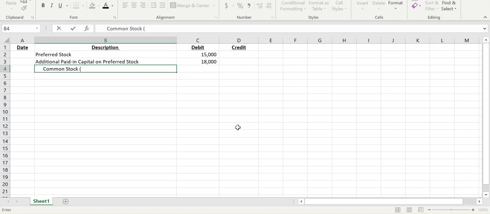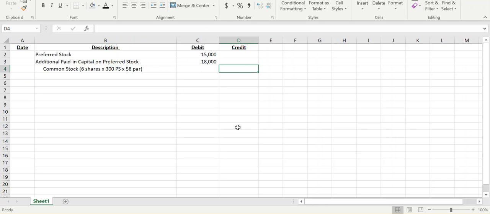Each one of those preferred shares can be converted into 6 shares of common stock. So 6 shares of common stock, all 300 shares of preferred stock is being traded in, and the par value of our common stock is $8 per share.